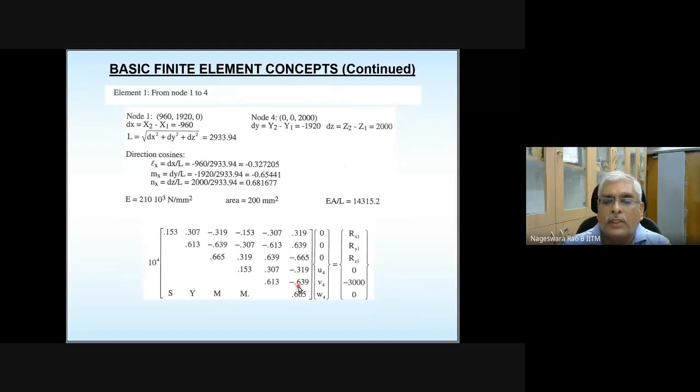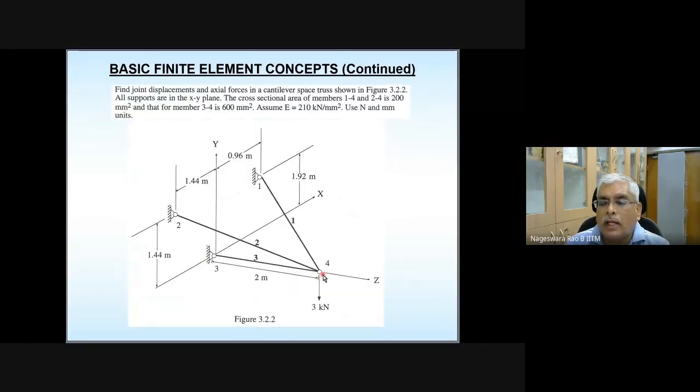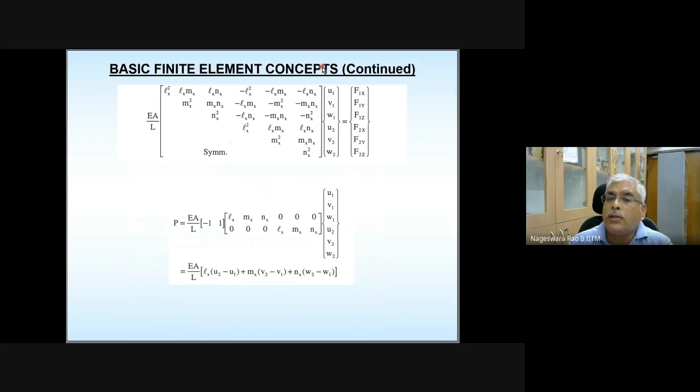Here you can see there are 4 nodes: 1, 2, 3, 4. At each node, 3 degrees of freedom. This is a truss element. So at node 1 you have U1, V1, W1.